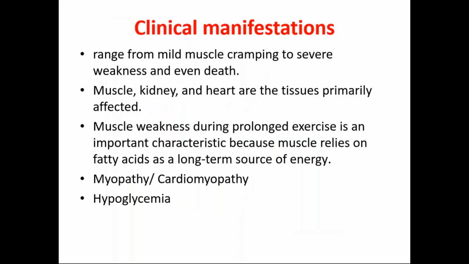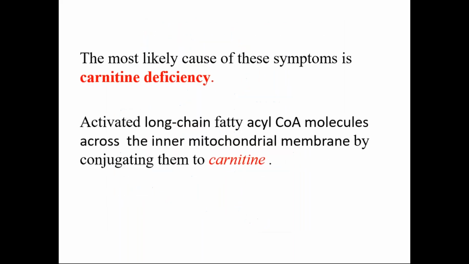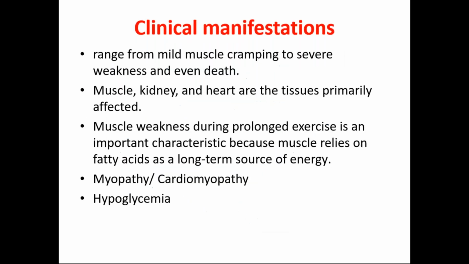The clinical manifestation of carnitine deficiency will range from mild muscle cramps to severe muscle weakness, and can even lead to the death of the patient. Muscles, kidney, and heart are the tissues primarily affected.